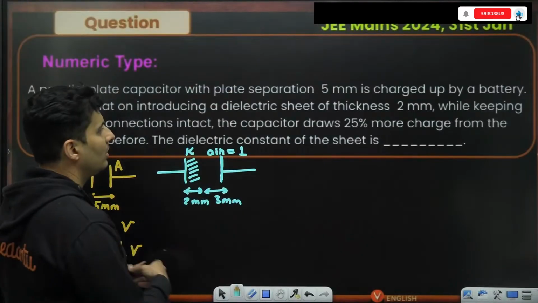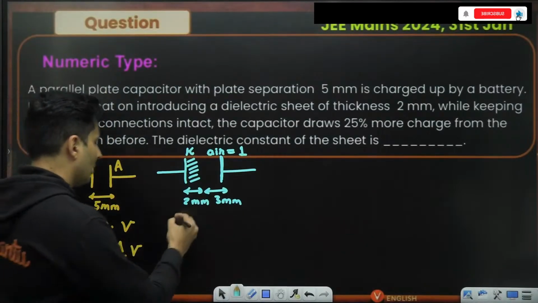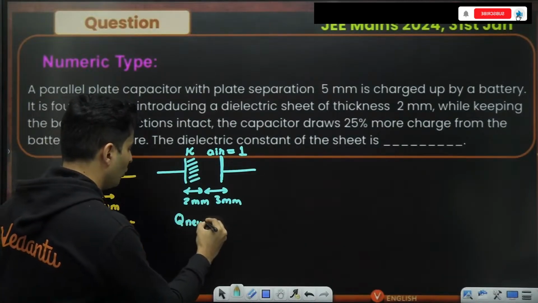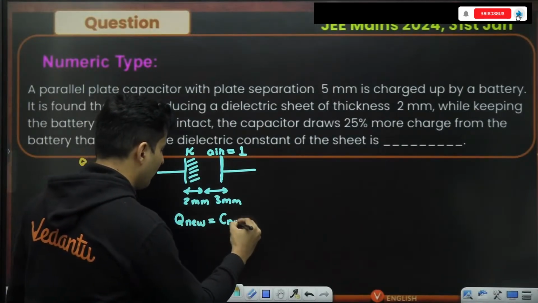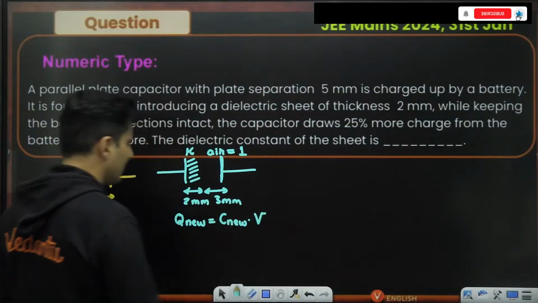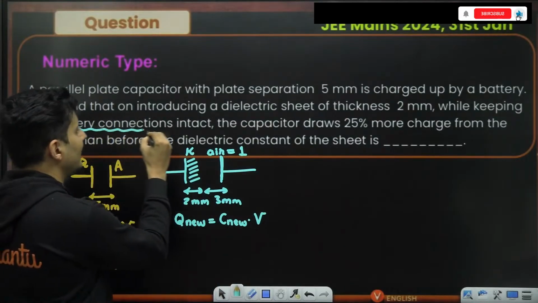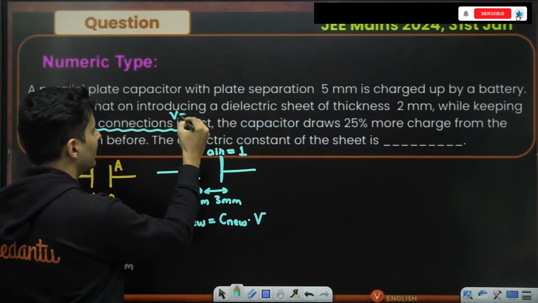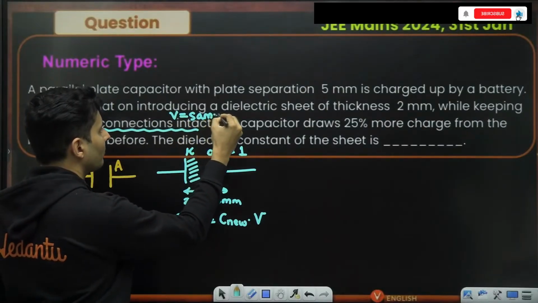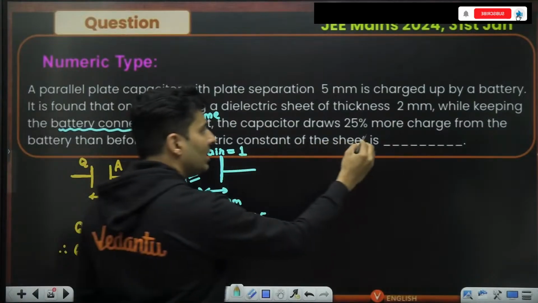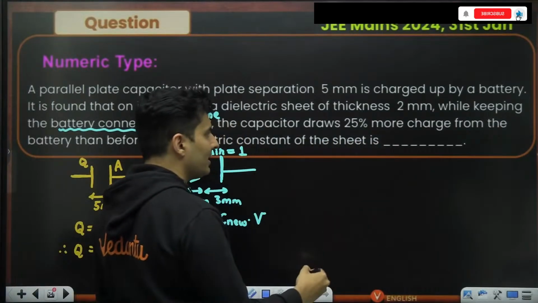So the new charge will be the new capacitance multiplied by the same voltage. Mind it that the battery connection is intact, which means the voltage is going to be the same. But the new charge is 25% more than the previous charge.